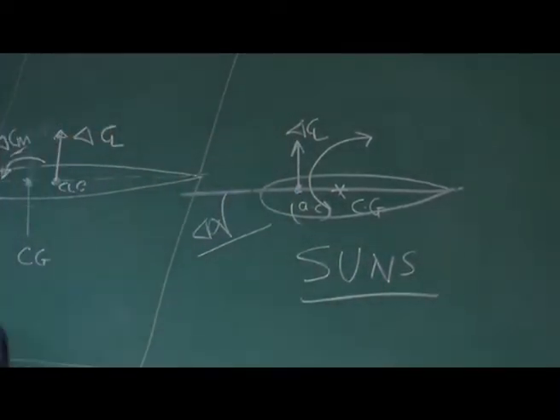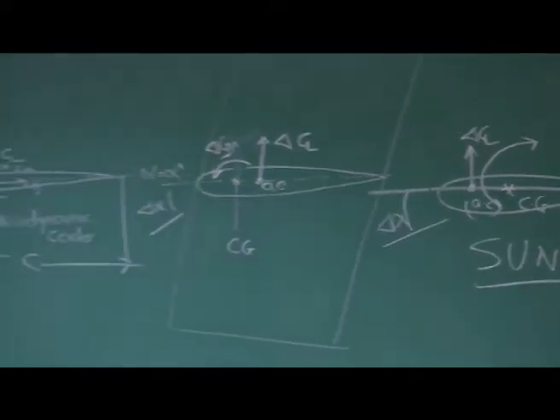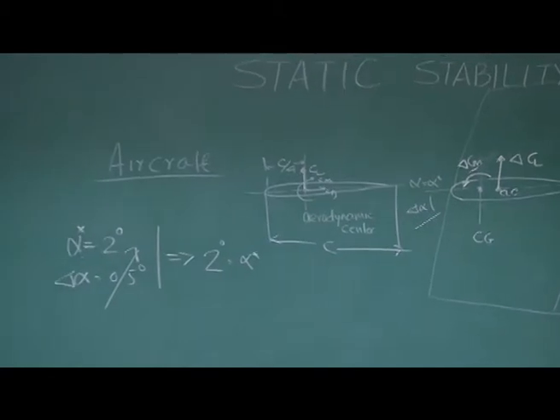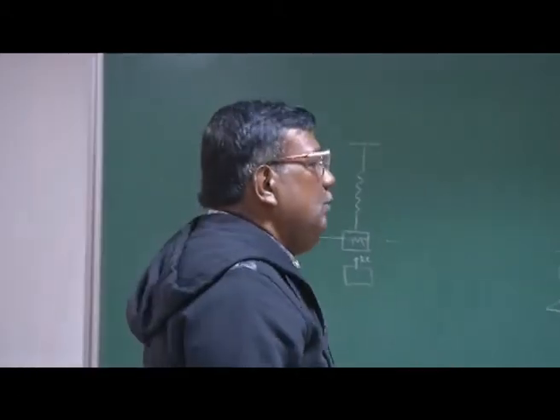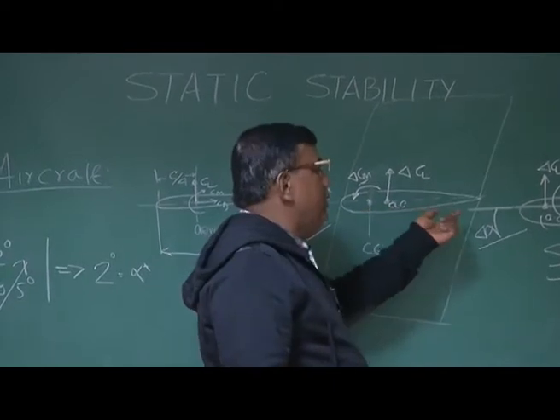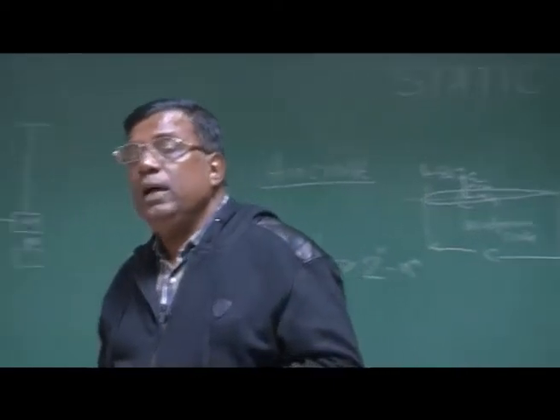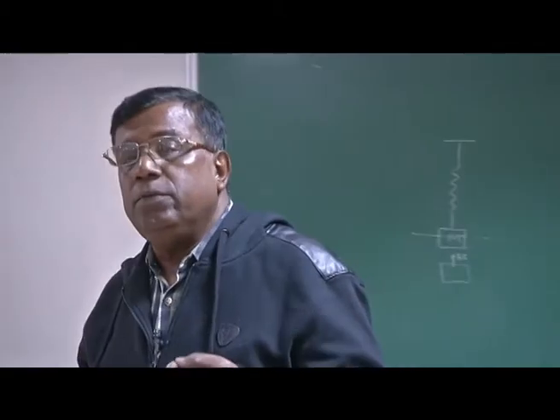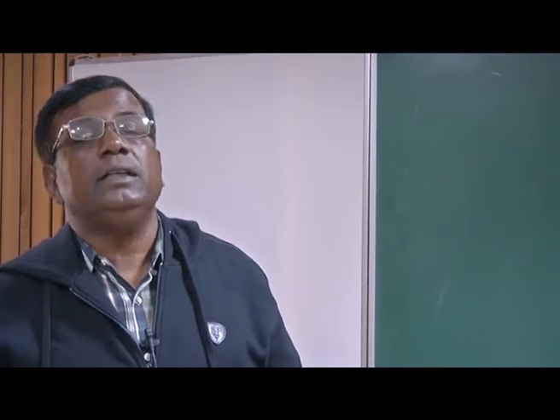So what is our learning? If we want to make a wing alone configuration statically stable, I must ensure that the aerodynamic center of the wing should be behind the center of gravity of the wing, right? And we also realize that the production of moment, which is proportional to the angular displacement, can be thought to be analogous to the production of force because of linear displacement for a spring mass case.